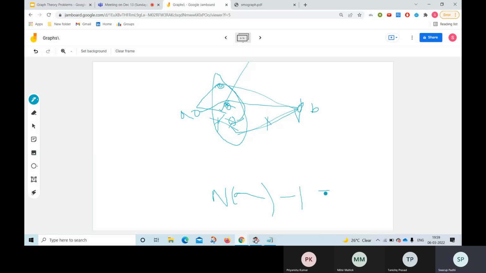N(A) was n minus 2, and minus 1 becomes n minus 3. So I'm able to prove that no fewer than n minus 3 vertices are connected to all other vertices in the graph. I think what you gave also makes sense.